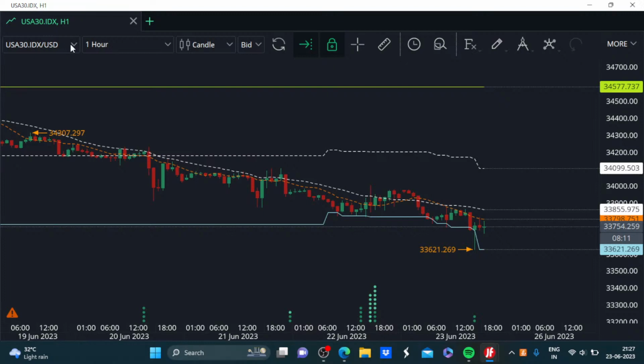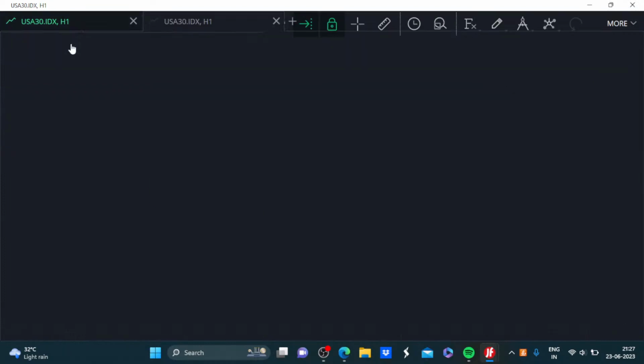Even I am confused here why this chart is taking so much time to respond. There seems to be some sort of bug. Okay, here we have got this fresh chart in frame now.